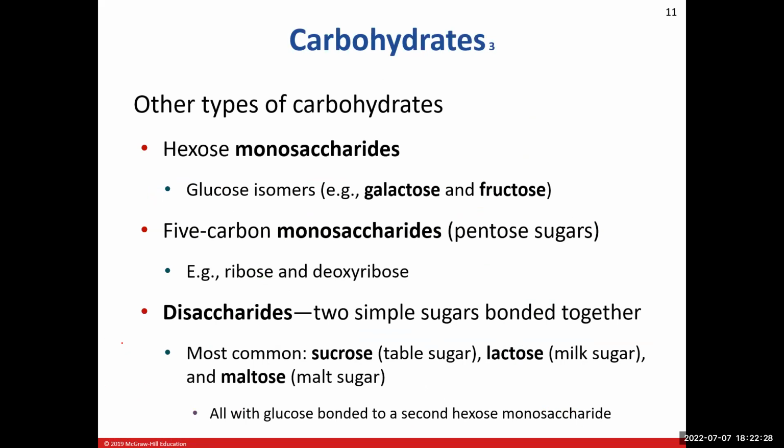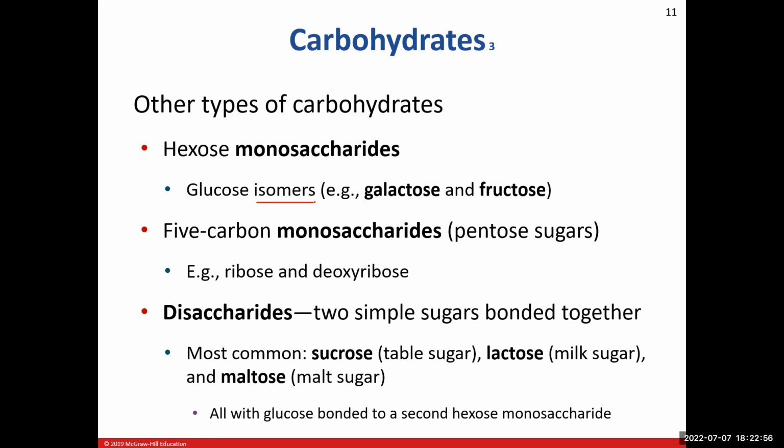All right, some of our other carbohydrates. We have our hexose monosaccharides, which are isomers. Isomers are structures that are similar to another structure, in this case, glucose. Galactose and fructose have the same molecular formula, but they vary in their structural formula.